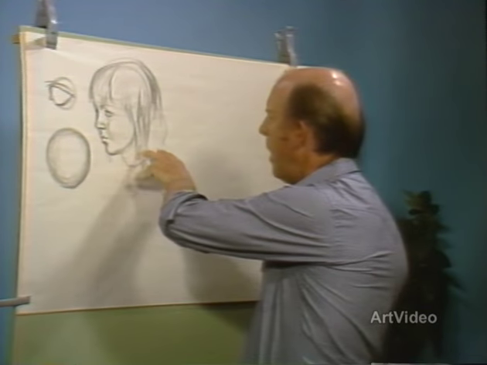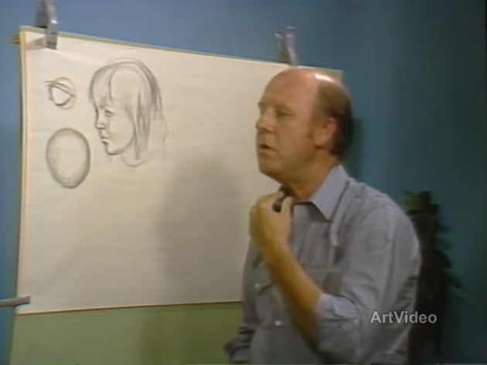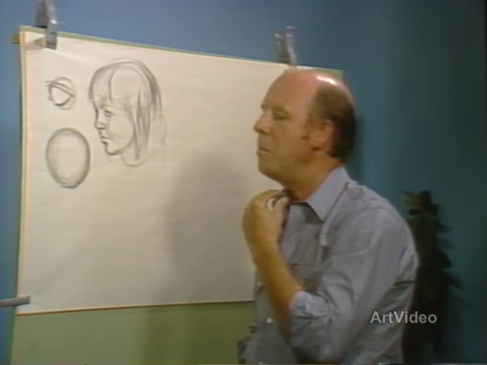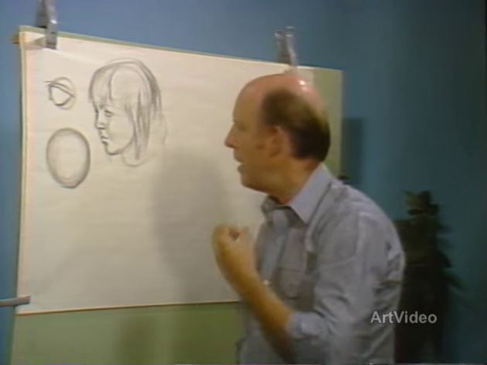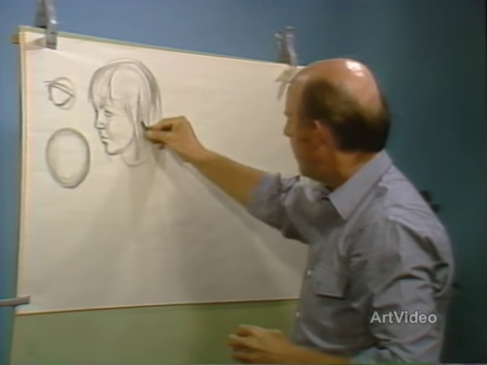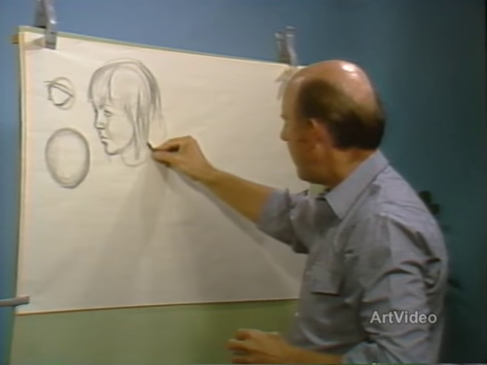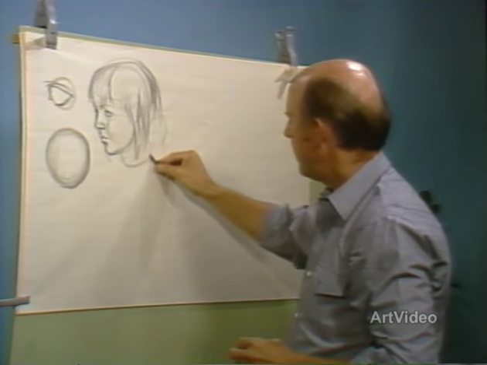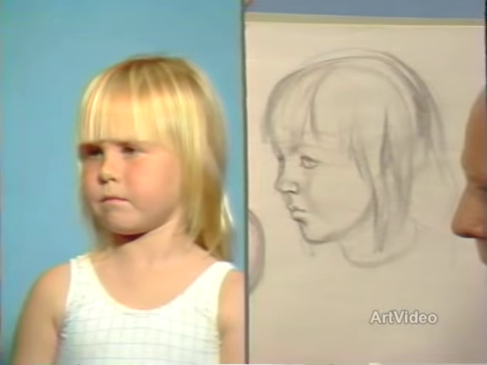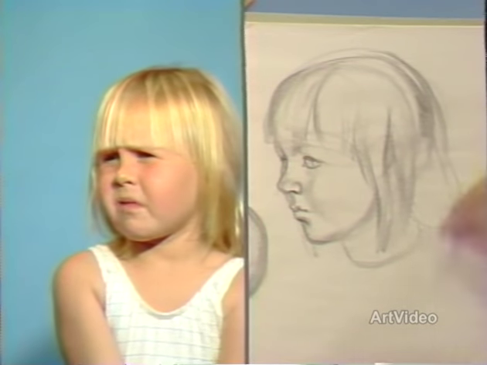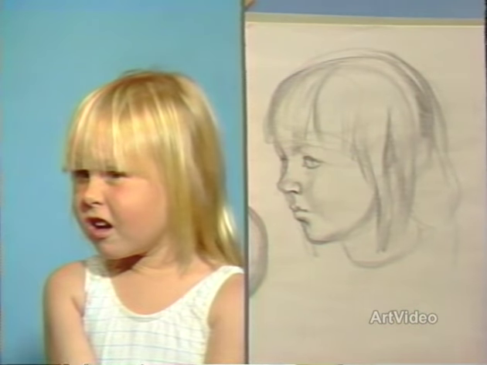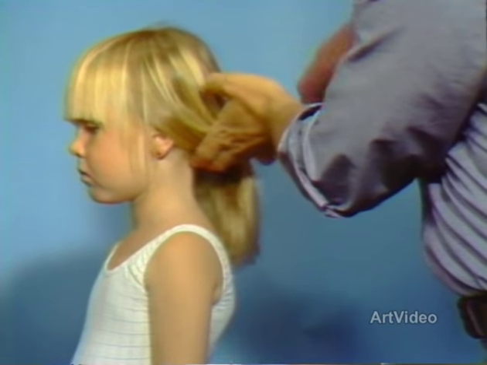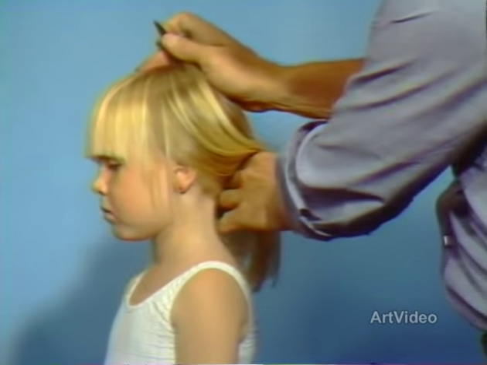Now, the way that we draw this part of the neck and the head fitting into the neck is that, first of all, you think of this neck as a cylinder fitting into that head. And it's actually, when you look at the skull, just notice how small the neck is.